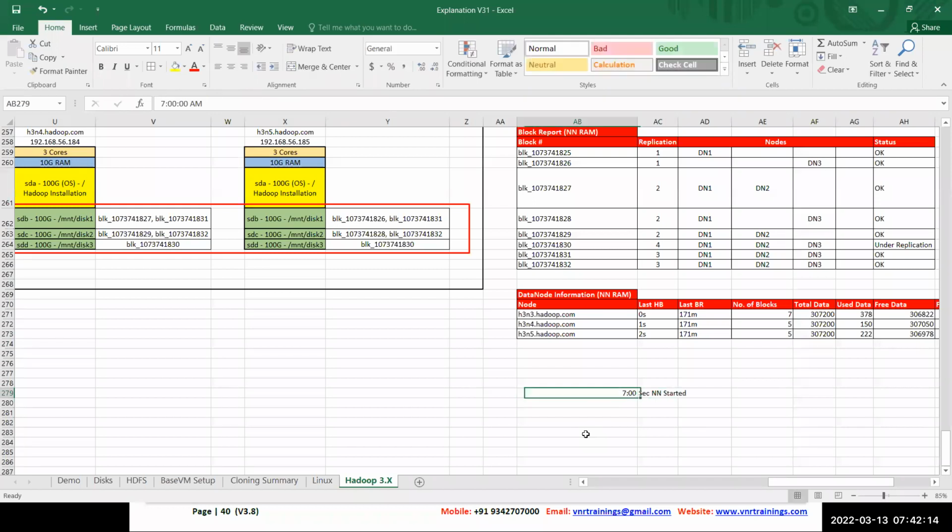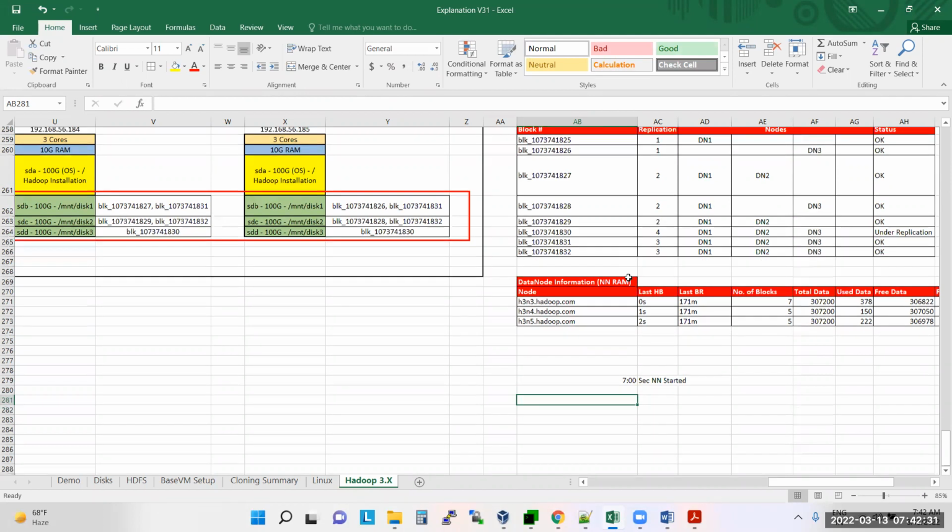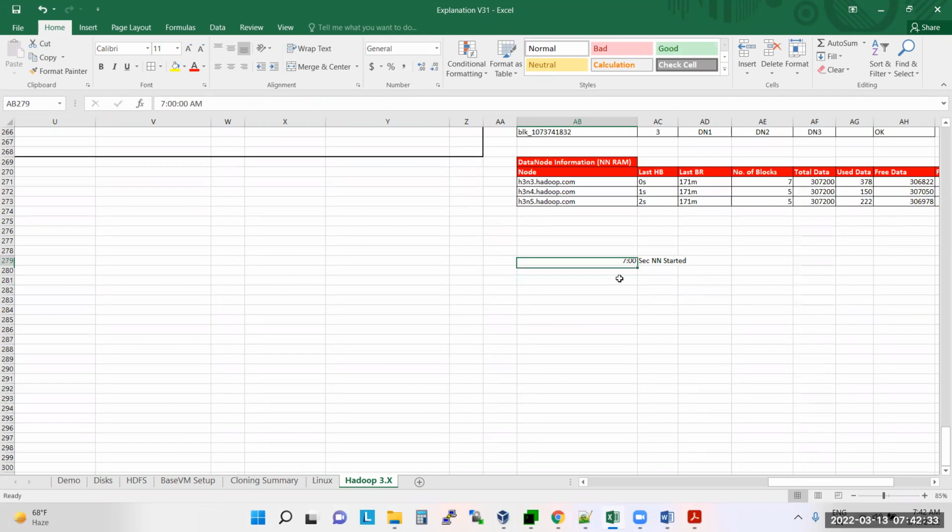When will the checkpoint happen? Tell me. Take it as 1 hour, which means at 8 o'clock. If you see the status at 7 o'clock, here are the edits and the FS image.